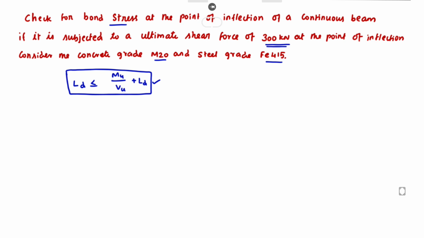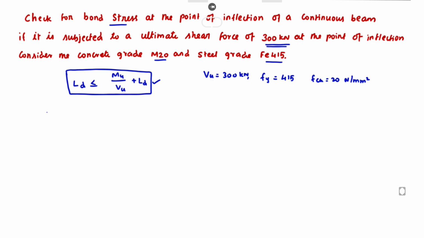First we find the development length, after that the ultimate moment, and then apply the condition. The given values are Vu equal to 300 kilonewton, Fy equal to 415 Newton per mm square, and fck equal to 20 Newton per mm square.